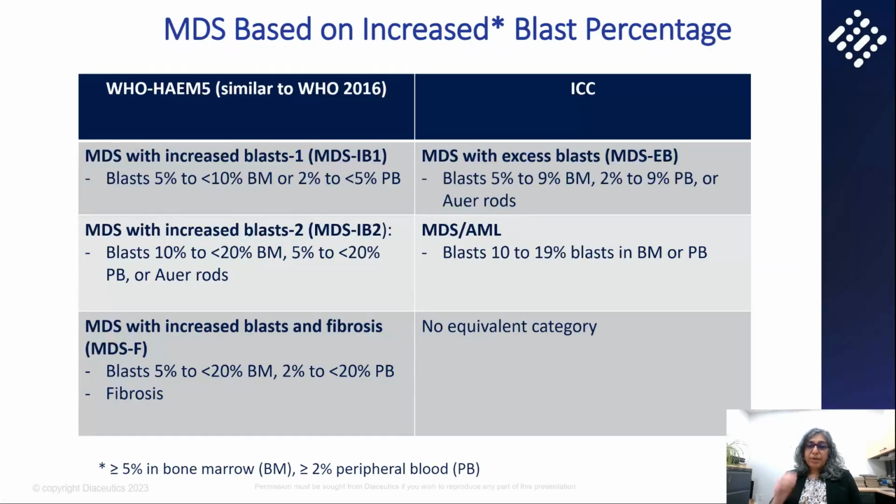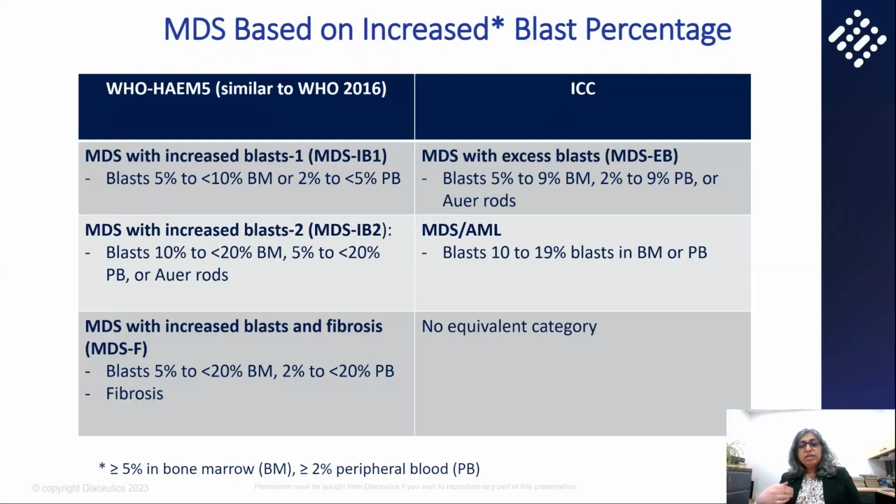So I want to start with MDS based on increased blast percentage. When we say increased blast percentage, what do we mean? The thresholds we use are 5% or more blasts in the bone marrow or 2% or more blasts in the peripheral blood. While both classifications have categories of MDS with increased blasts, they are classified differently.